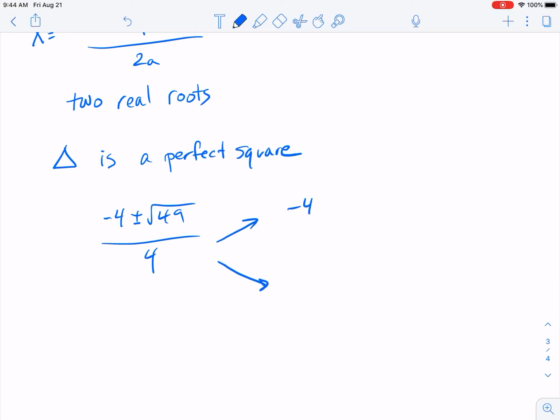It would give me negative 4 plus 7 over 4, which would be equal to 3/4, and it would also give me negative 4 minus 7 over 4, which is negative 11/4. Notice both of these are rational values.